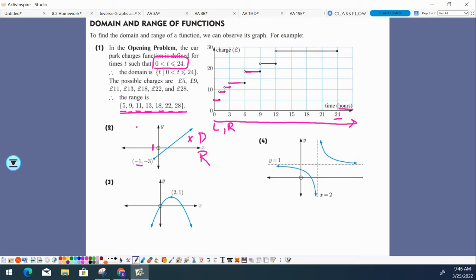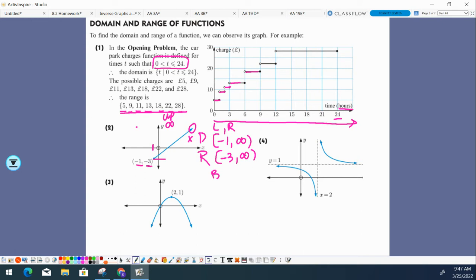That's -1, and it includes -1, and it goes all the way to the right because there's an arrow, all the way to positive infinity. The range goes from the bottom. What's the bottom value? That's your y value, including -3, and it goes all the way to the top, all the way up to positive infinity.